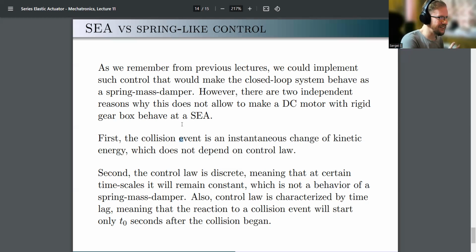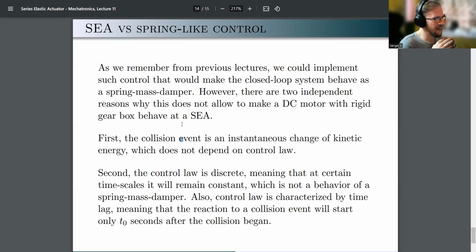And here is a programmatic compliance, or control compliance, meaning that there are no springs, it's just programmatic behavior that makes something act as if there are compliant elements inside.